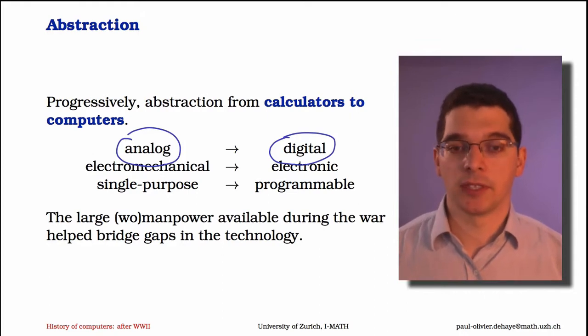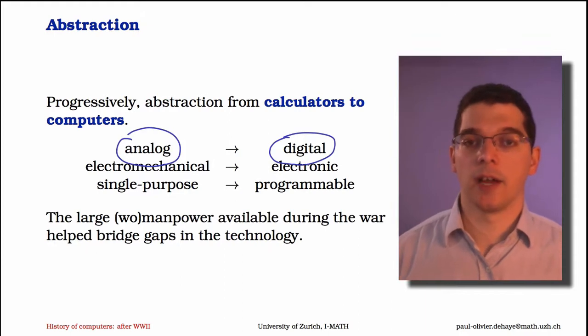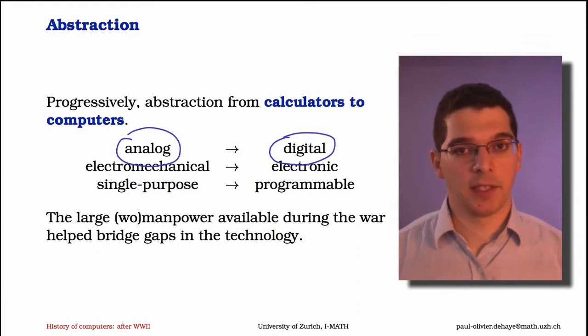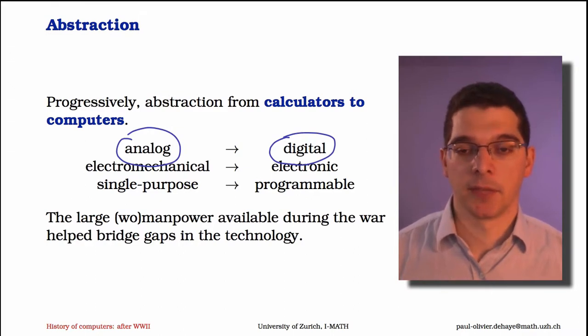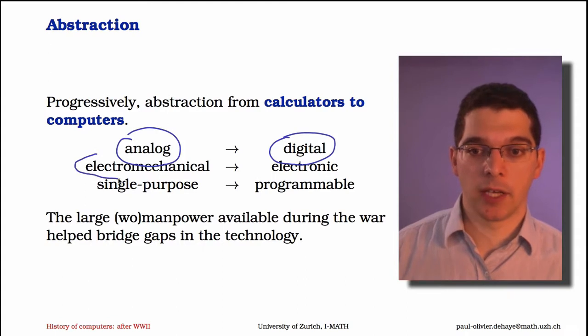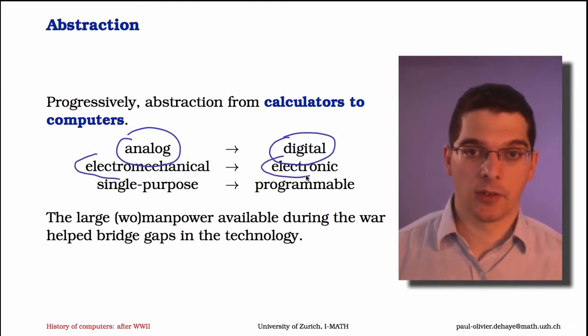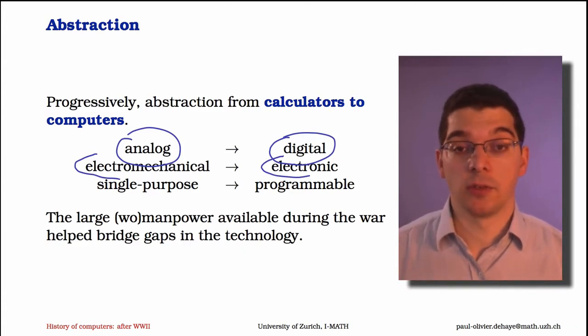That was an important step because it meant errors were less frequent and could be corrected more easily. It meant a whole lot less complication in building those actual machines. Also, some of the machines were electromechanical, but this became very quickly electronic. Electronic machines were faster and more reliable, so they eventually won over.